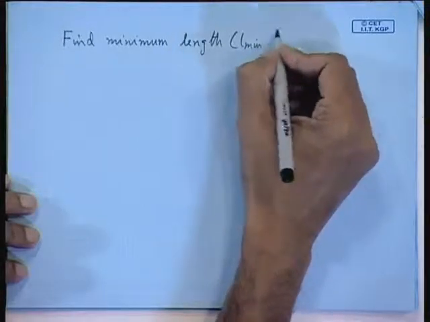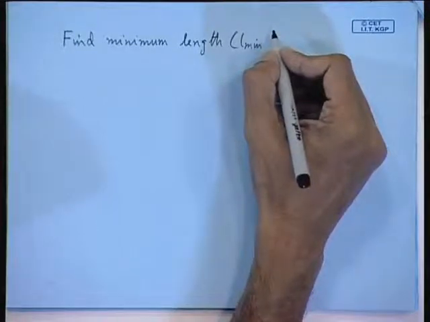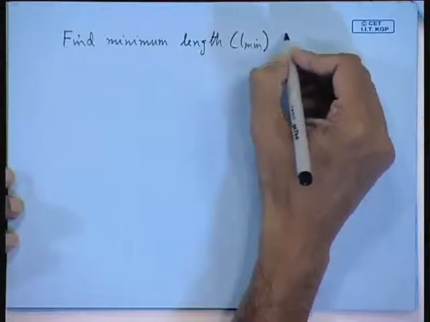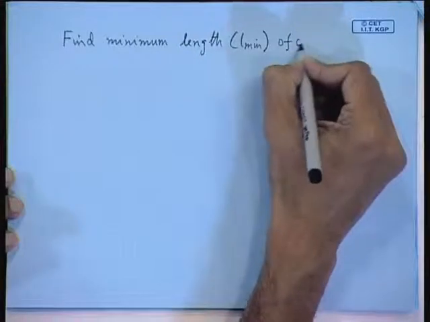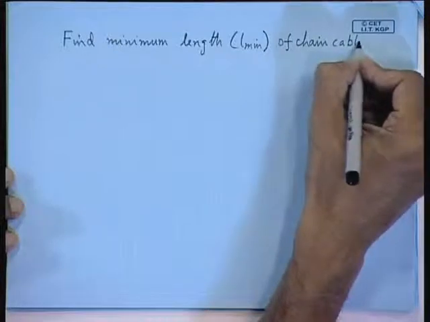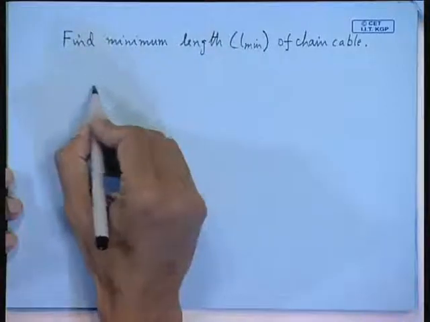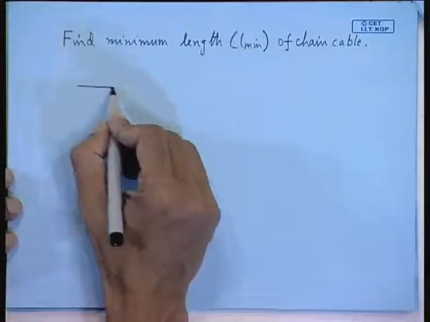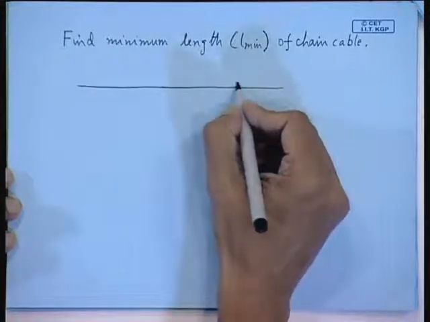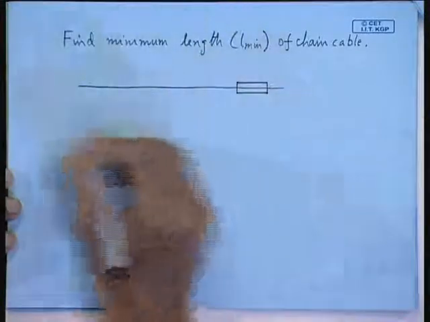Now, remember we have already found out the expression for S. So, you use that expression. So, this is minimum length L minimum of chain cable. Now, the catenary, say this is your mean sea level or the water line. Now, your ship or barge, whatever you have taken, is floating at the mean sea level. So, like this.